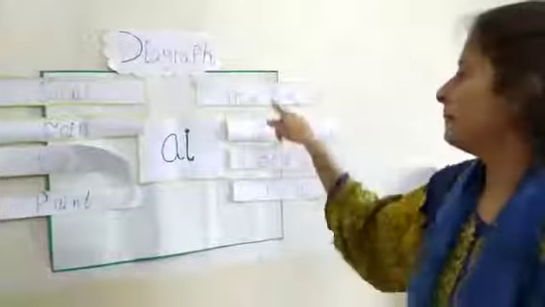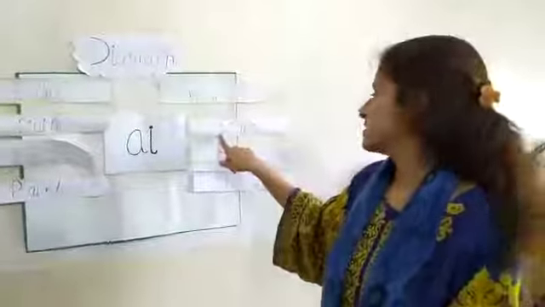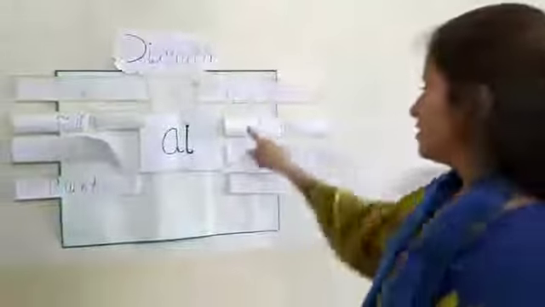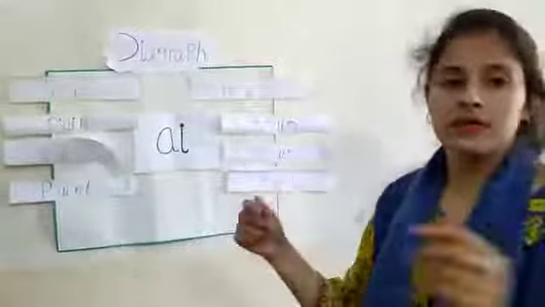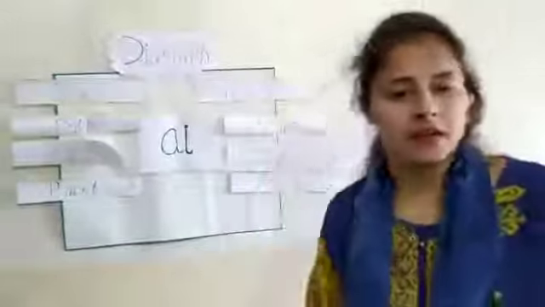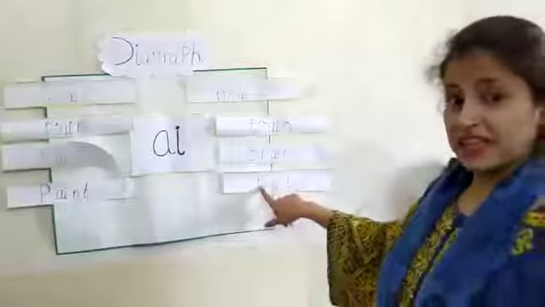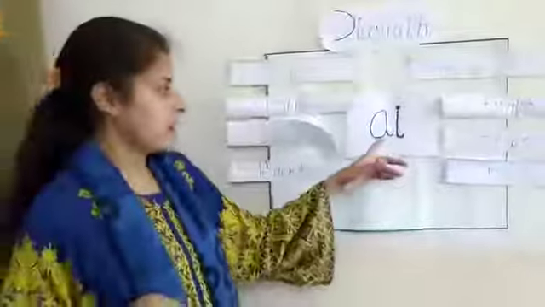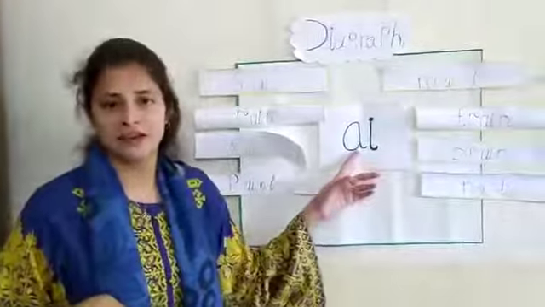T, t, A, train. B, b, A, brain. What is this? A, nail.